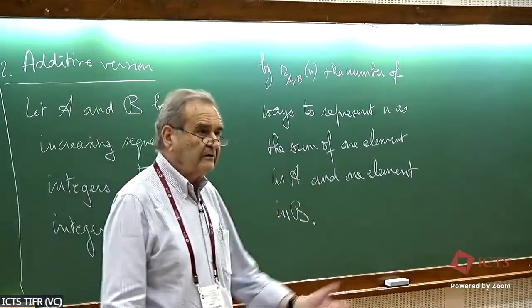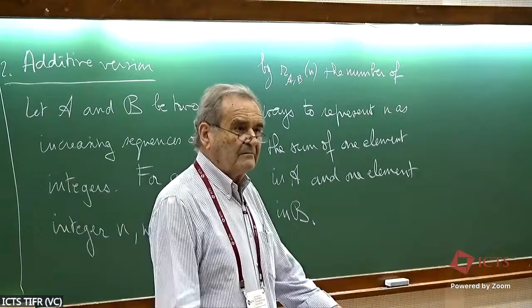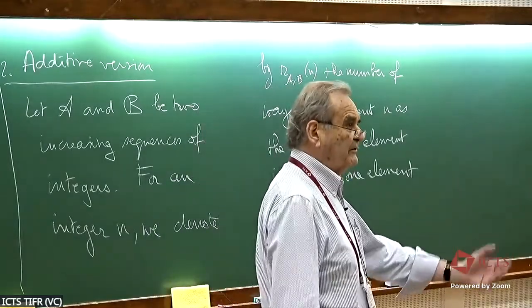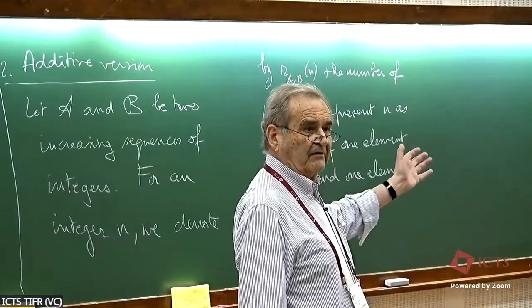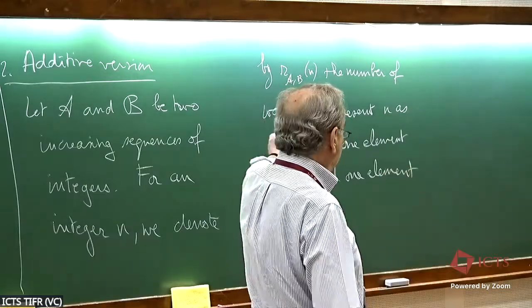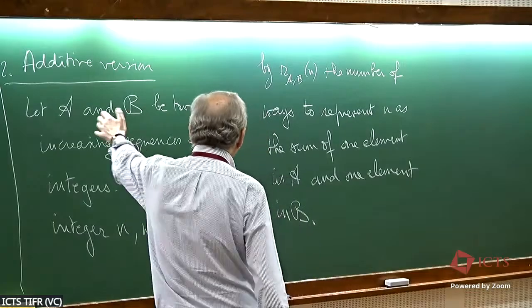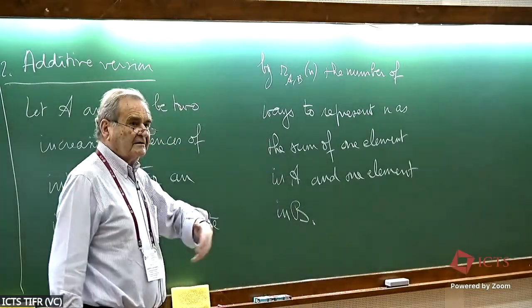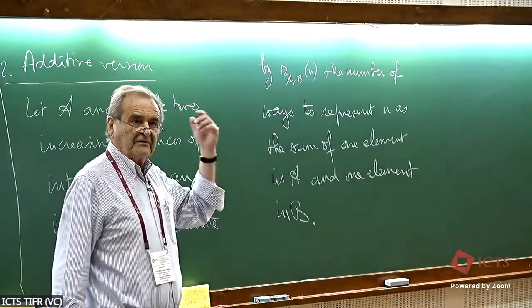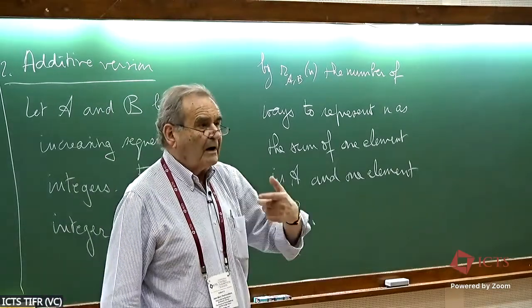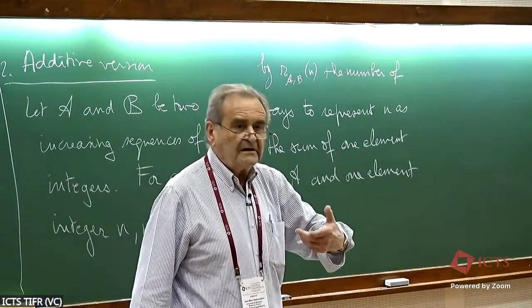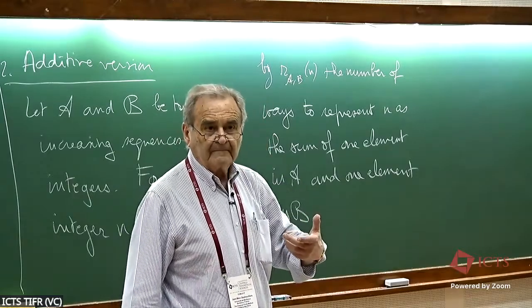Okay, this is definitely the additive basic question. You take two sequences and you take the sum of the elements and you want to know how many times you represent someone. If you want to know simply whether it is possible to represent, for example, when I put two, you can take more than two terms, and you can ask, is it possible to represent an even integer as a sum of two primes?